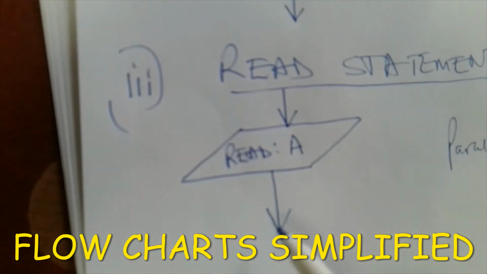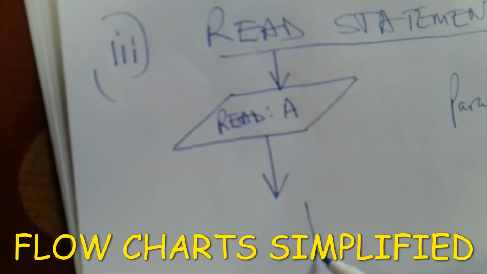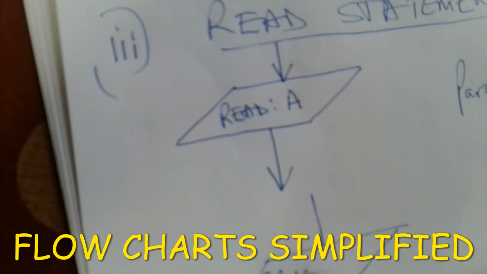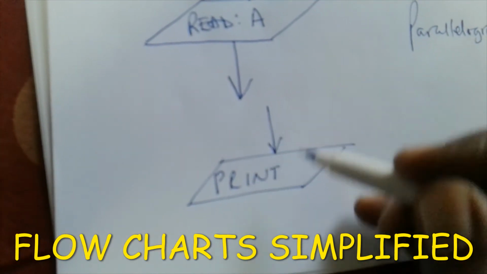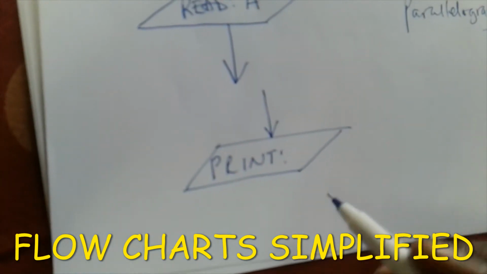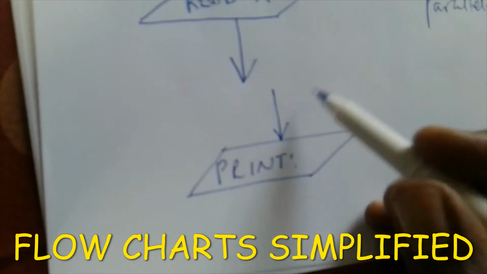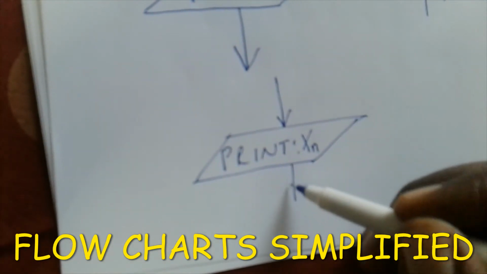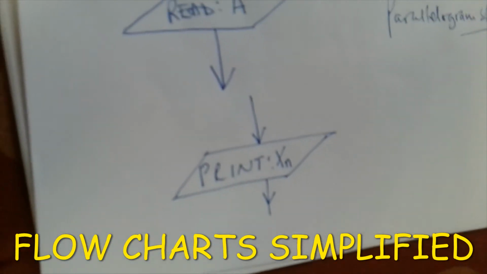And we can even use the same figure to print or to write. If you want to command the computer to print for you, say print, and you have a designed program. This is where you say print maybe xn, then you stop or continue depending on the program.